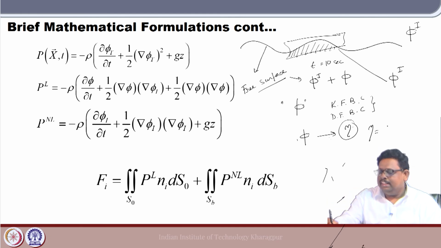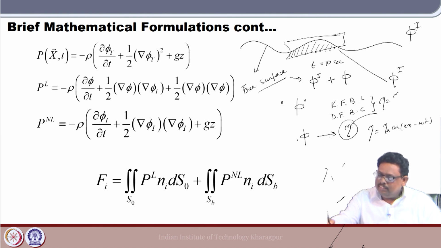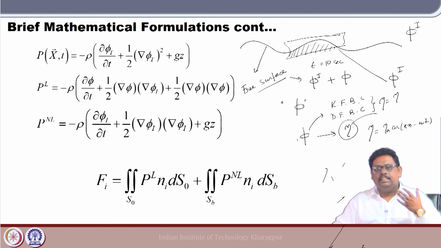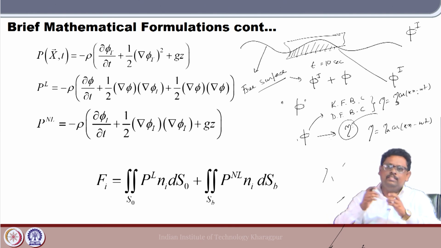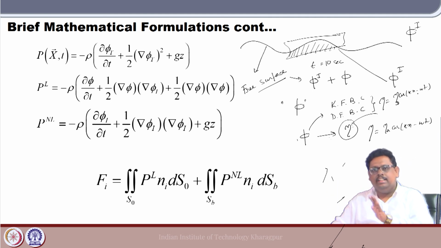Also after solving the kinematic and dynamic free surface conditions, once I get the solution for phi, I can get some eta d, the disturbed eta, into some cos(kx minus omega t), and if you superpose these two I can get the exact wetted surface. This is complicated, so we are avoiding it.